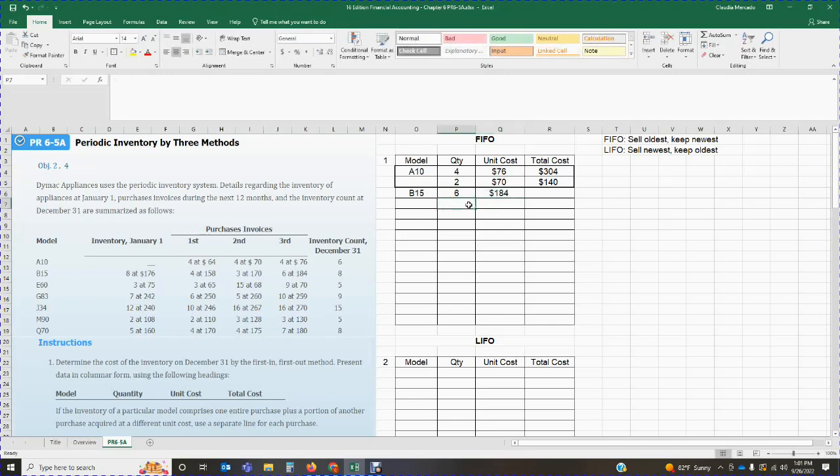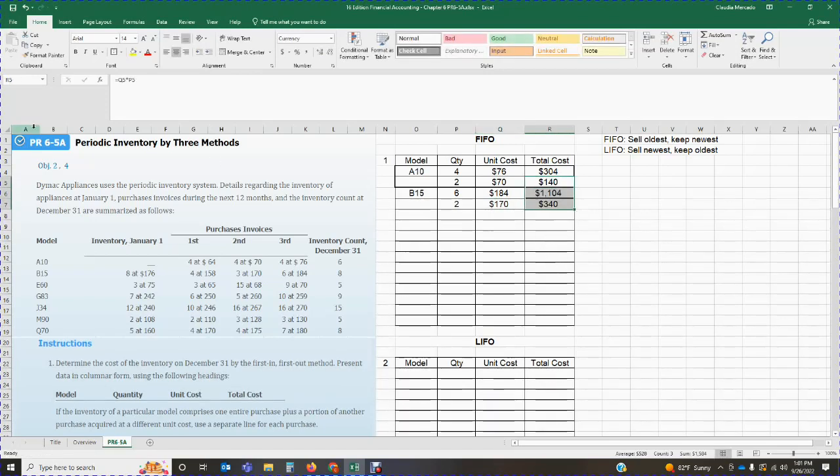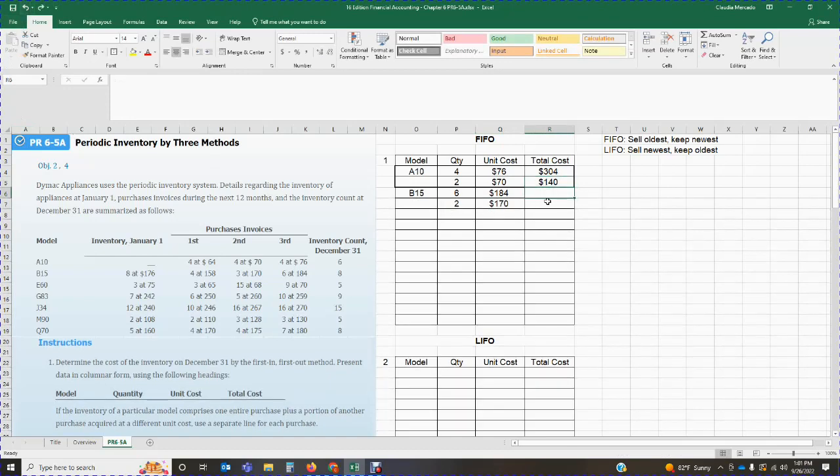And now I need 2, so I'm going to grab 2 from that second purchase at $170. We're going to multiply them and get the number. That gives me 1,104 for those 6 units and 340 for those 2 units. Together combined, that gives me my 8 units.